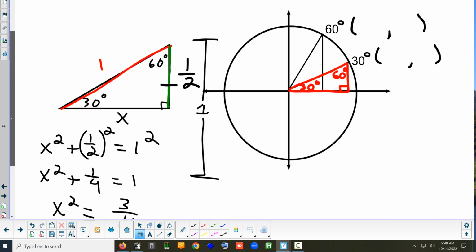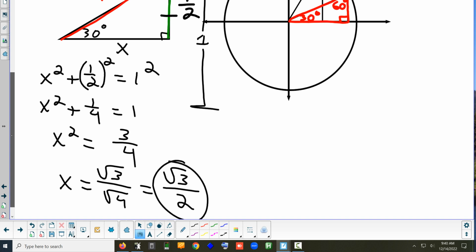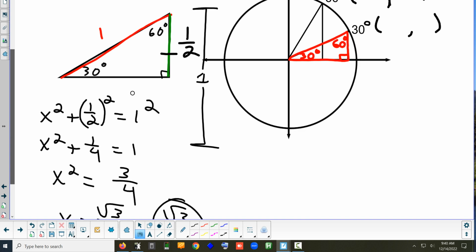So now I know the length of this bottom side is square root 3 over 2. So looking back at our circle, this side is root 3 over 2. This side is 1/2, and that gives us our coordinate. The bottom is the x, and the height is the y.